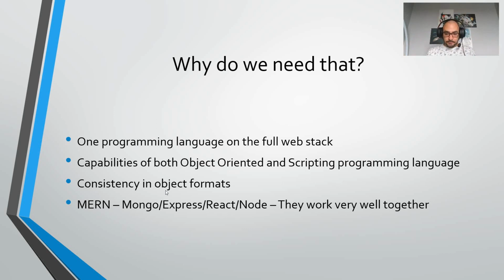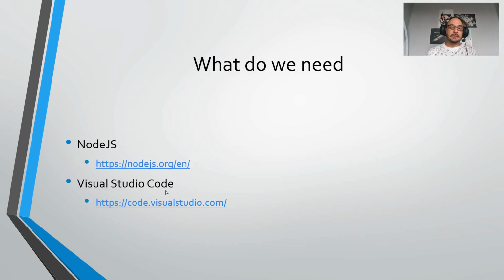And also, there is the MERN stack that is quite popular, which is MongoDB in the database, Express in the backend engine, React in the front-end engine, and Node as the overall engine. And they work very well together. So when you have that stack, the whole JavaScript stack works very, very well together. So that's why Node was brought to the backend as well as the front end.